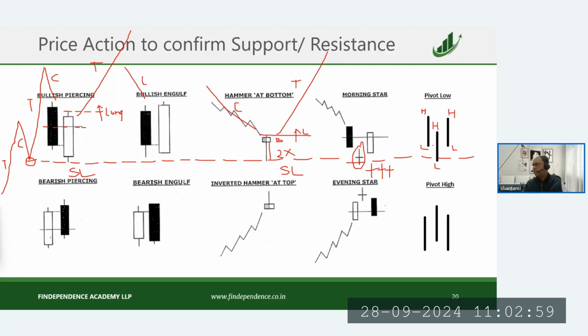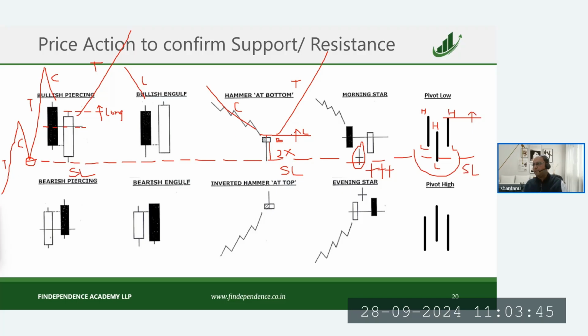Now if prices are moving near the area of support, and such a pivot low happens wherein there is the first candle's low, and then the second candle's low which is lower than the first candle's low, and then the third candle's low is higher than the second candle's low, so you get a U kind of shape if you mark three lows. If such a pattern appears at the area of support, you will still say support has been confirmed. Here also I'll mark the high, I'll go long above this, and I'll keep stop loss below the low.